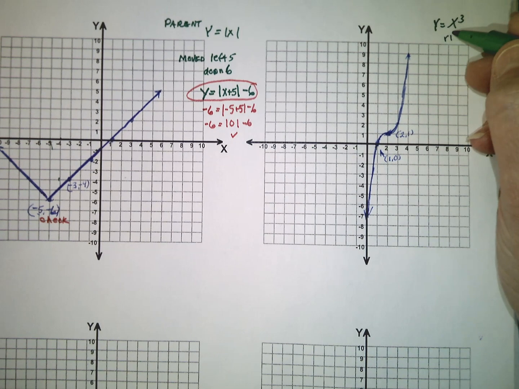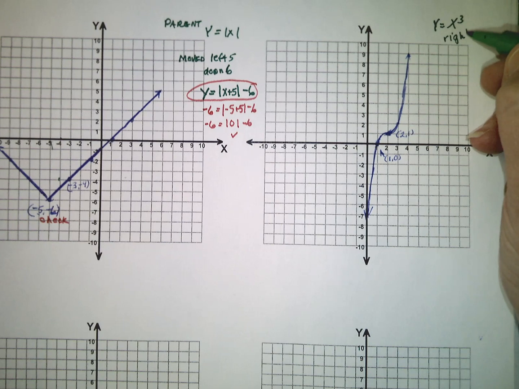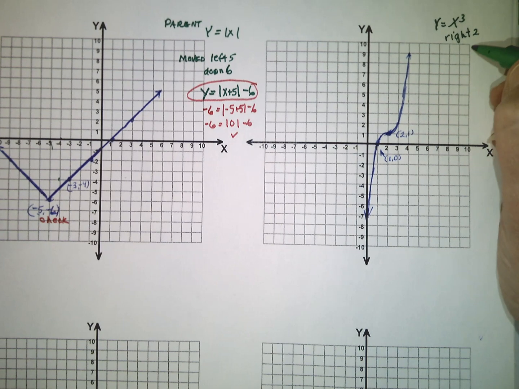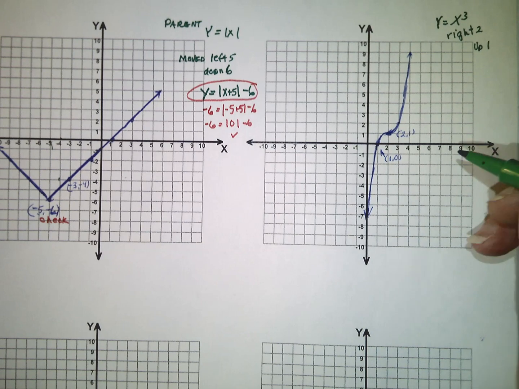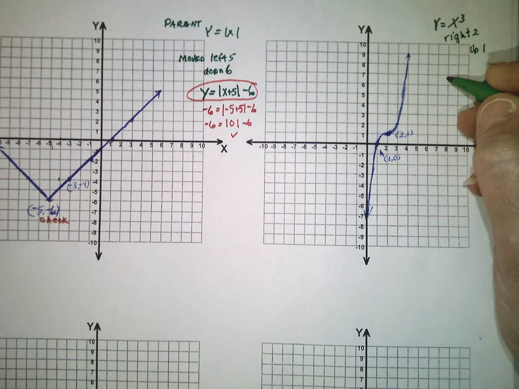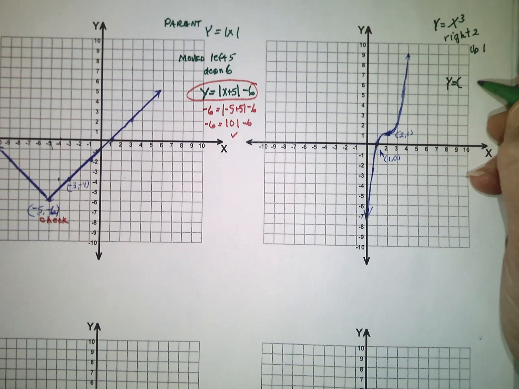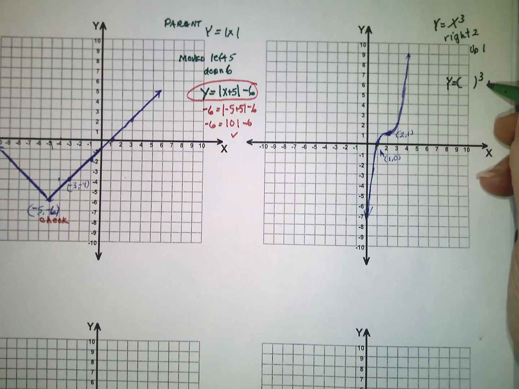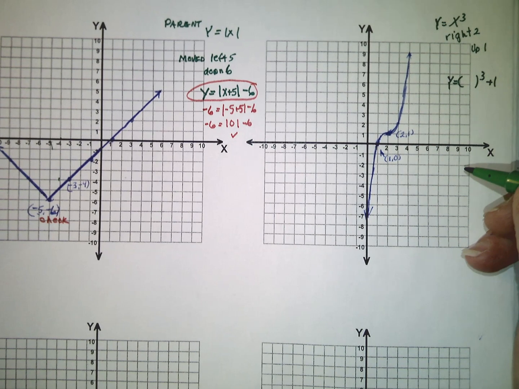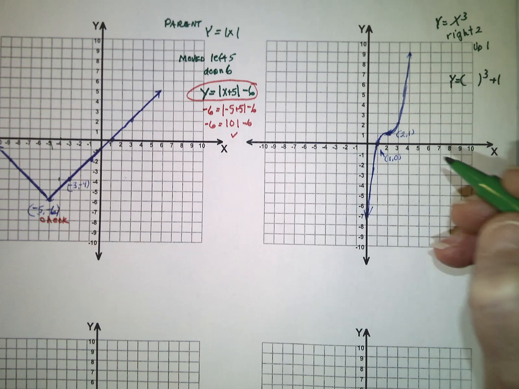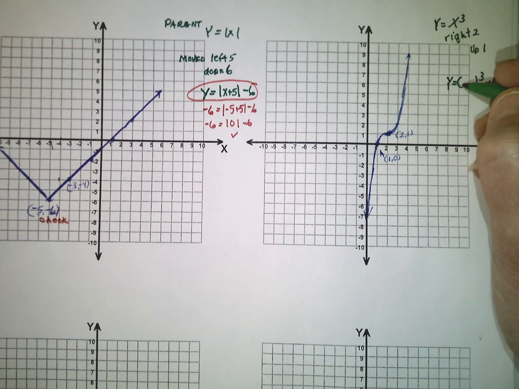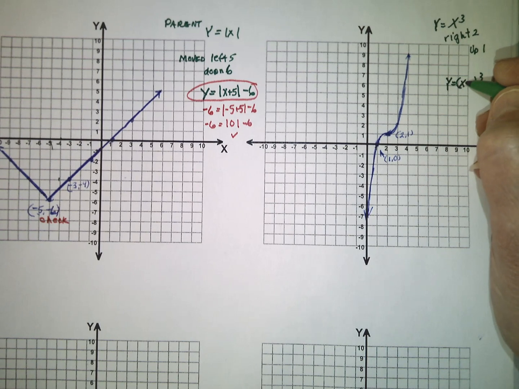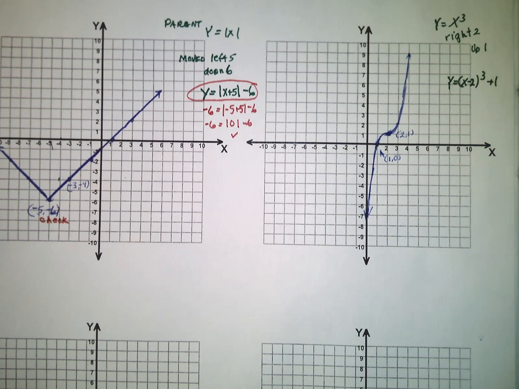So this moved to the right 2 and up 1. So this equation is going to be y equals something cubed plus 1. Remember the x's compensate, so if it moved 2 spaces to the right, this was in here, this would have been x subtract 2.